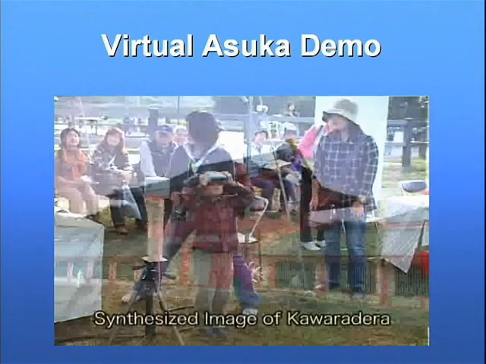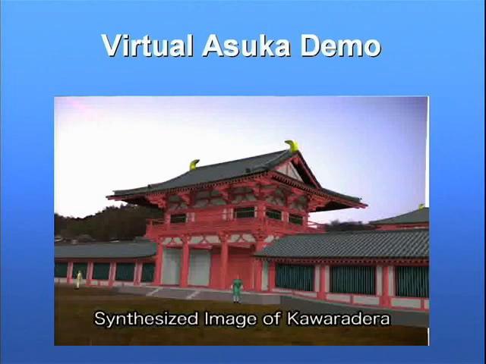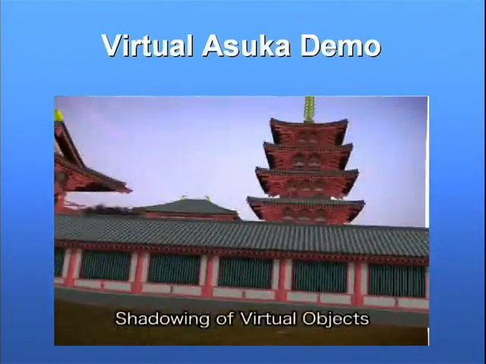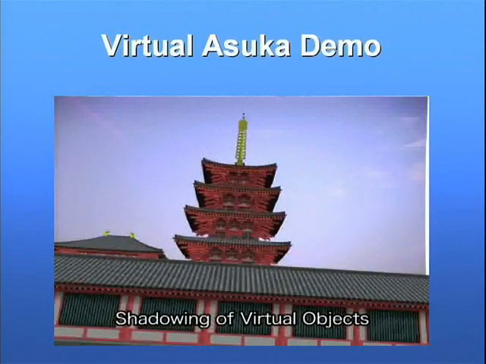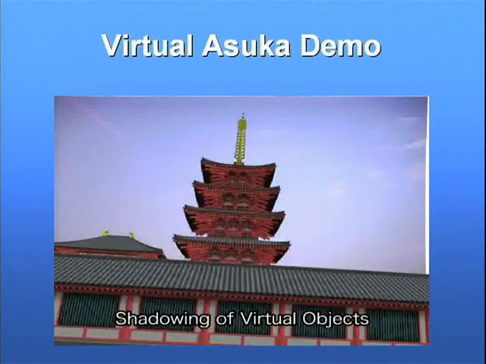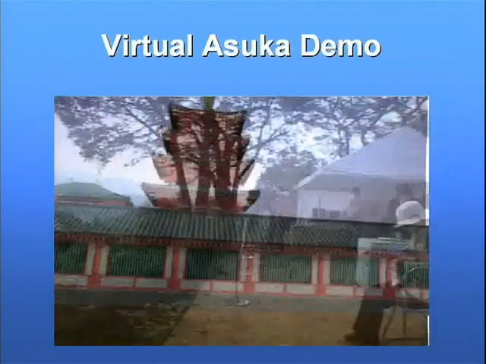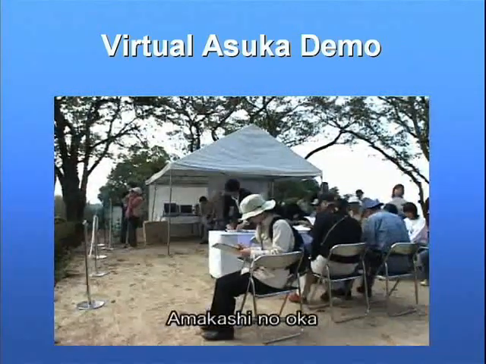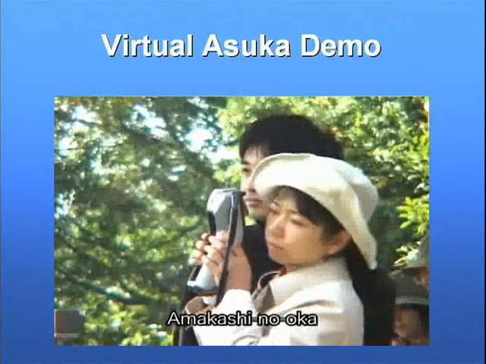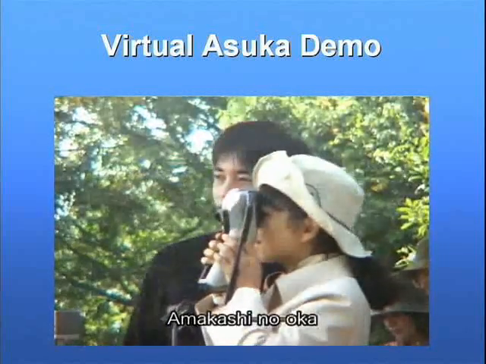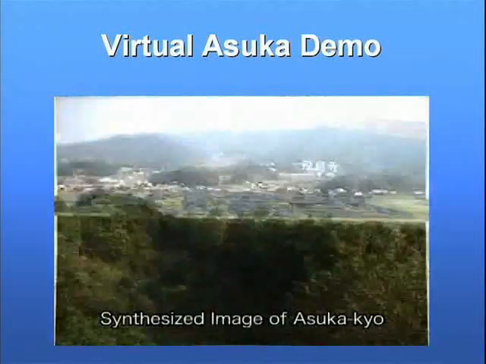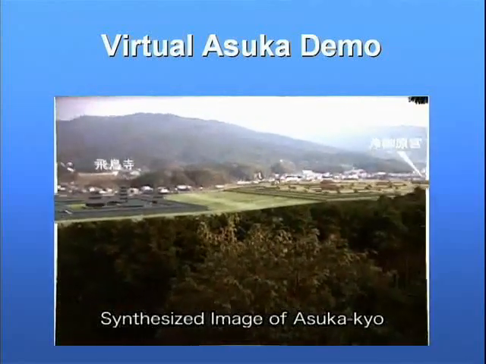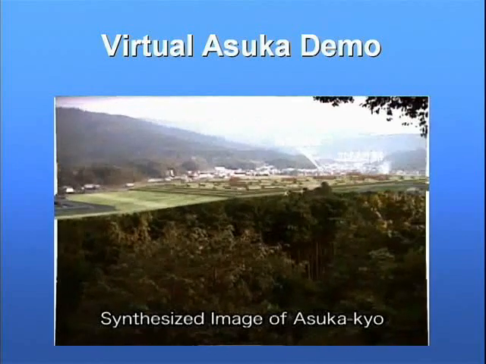And even kids like this can enjoy it. Through goggles, you can enjoy the ancient appearance of this temple. And also, we built this kind of system on the hill. From the hill, you can look down, and then you can see the original view. On the current appearance, you can superimpose a virtual city.